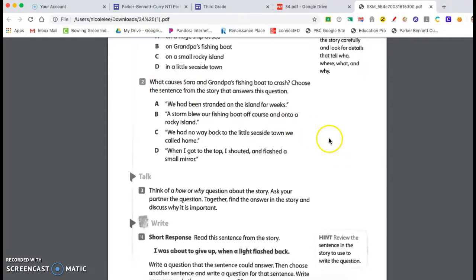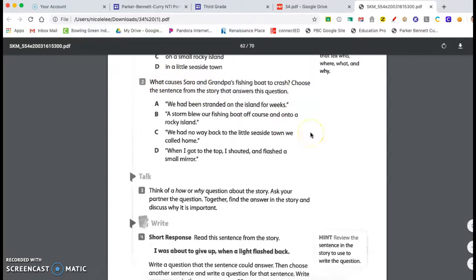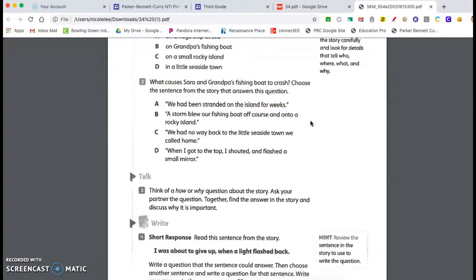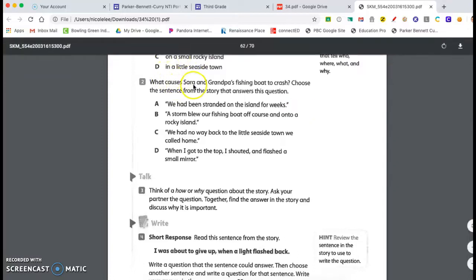Number 2 asks you another question. What causes Sarah's grandpa's fishing boat to crash? So remember, cause means why did it happen? So why did Sarah's grandpa's fishing boat crash?